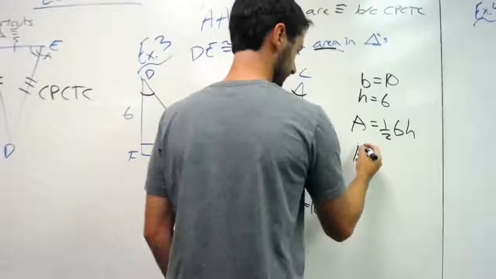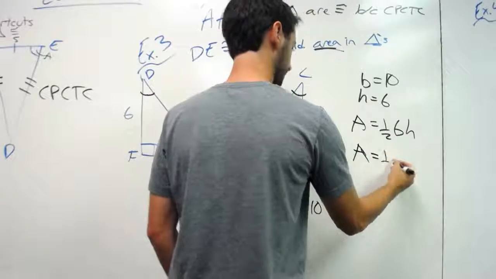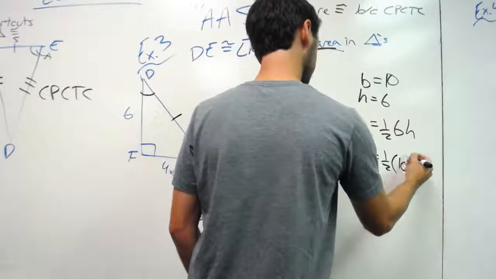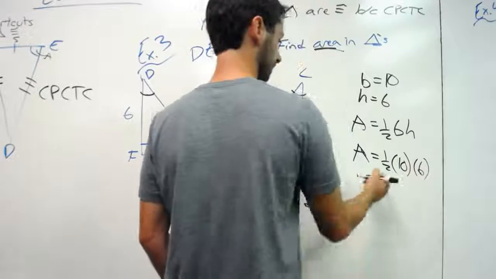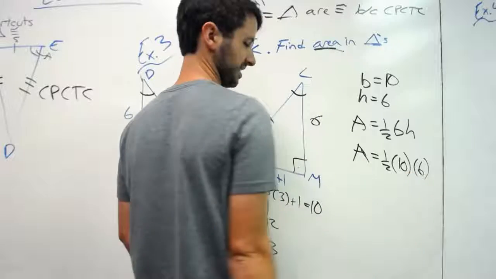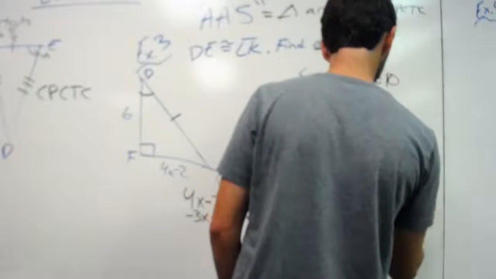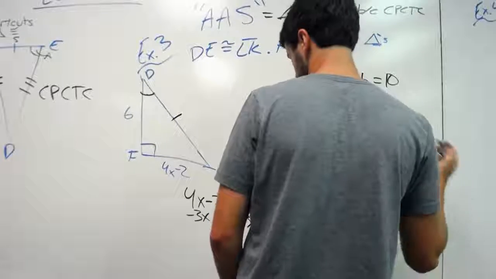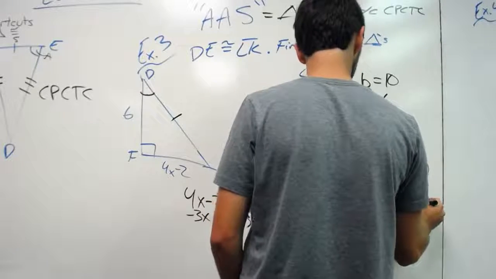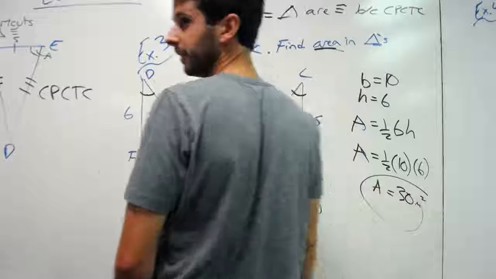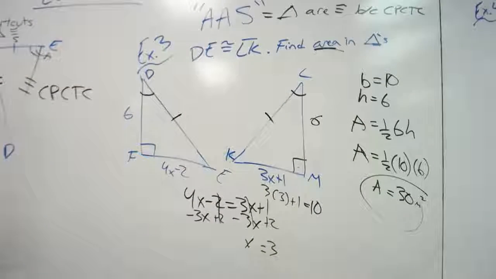Plug it in, substitute your values. 1/2 times 10 times 6. 10 times 6 is 60. 60 divided by 2 is 30. And then whatever your measure would be, call it meters squared. All right, so there would be your area.